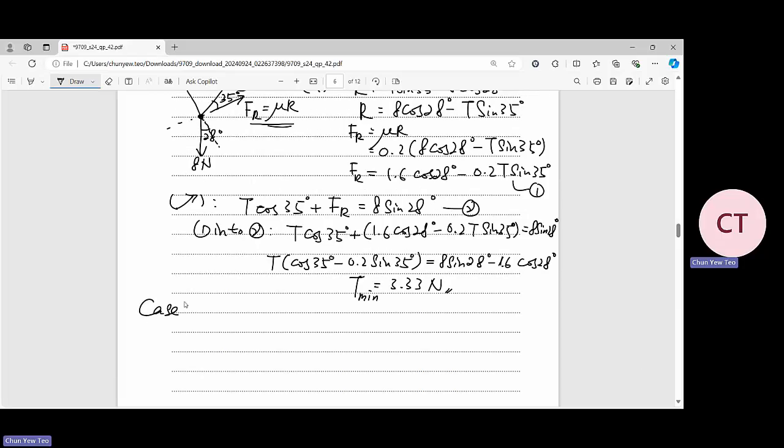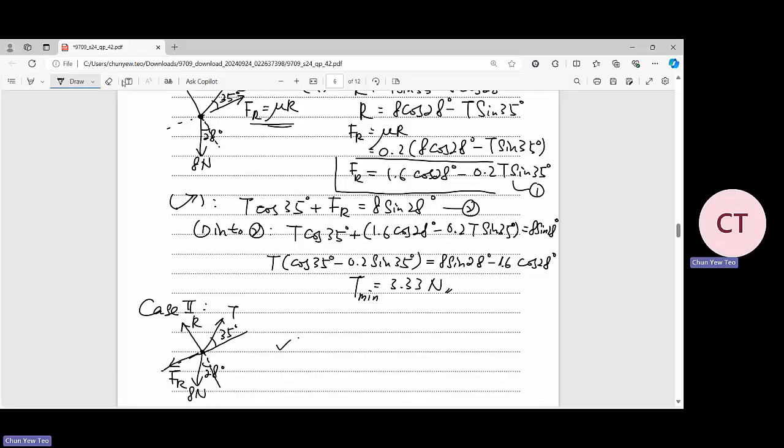Case number two, we need to change the directions, on still the same diagram. This one is 35, this one is 28, and this one is 8 newtons. The only difference is that the frictional force is now going this way. So equation number one still remains the same.